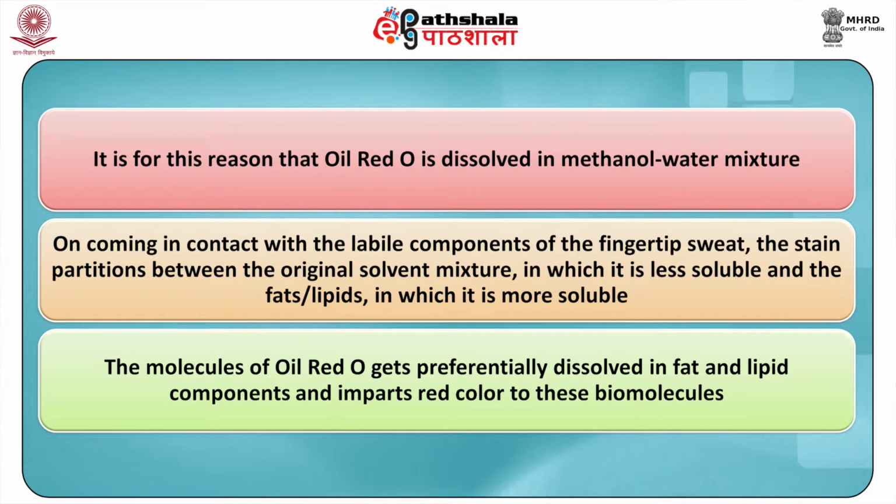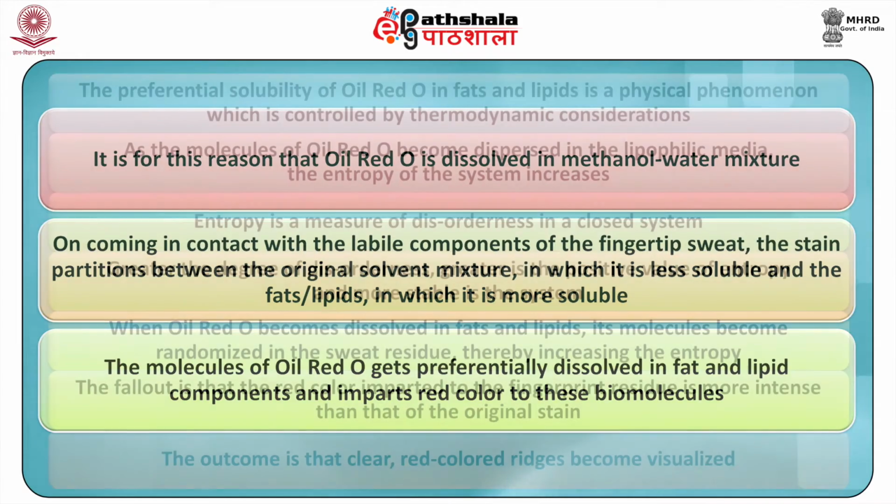On coming in contact with the labile components of the fingertip sweat, the stain partitions between the original solvent mixture in which it is less soluble and the fats or lipids in which it is more soluble. The molecules of oil red O get preferentially dissolved in fat and lipid components and impart red color to these biomolecules.